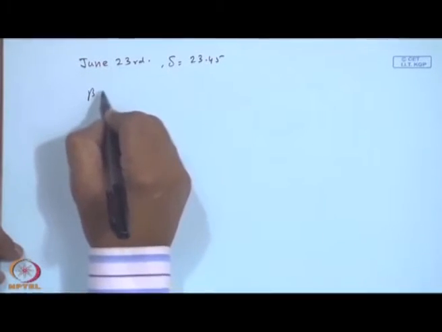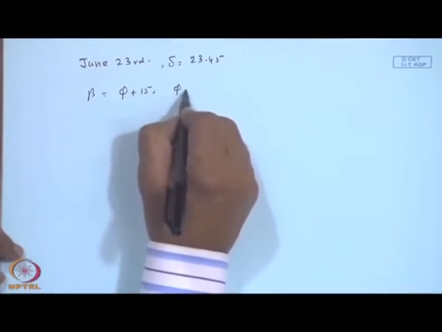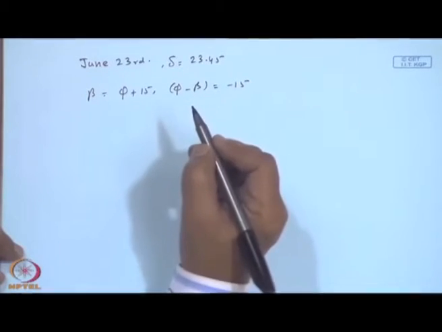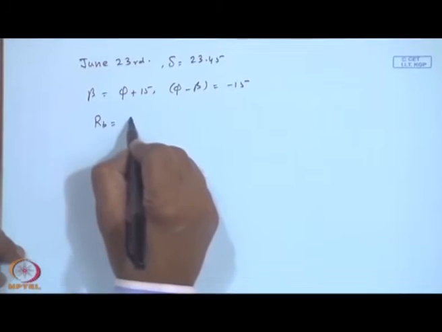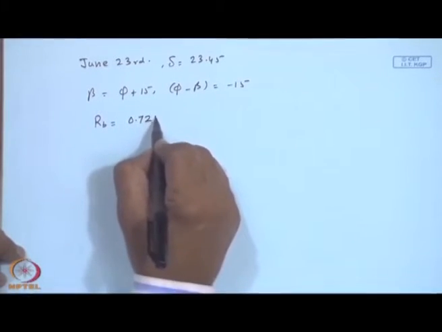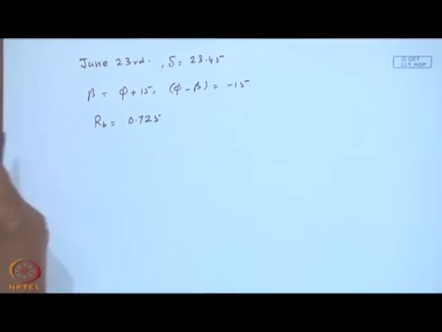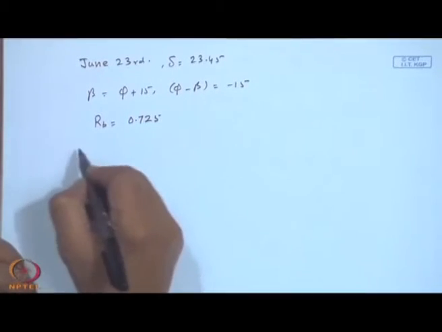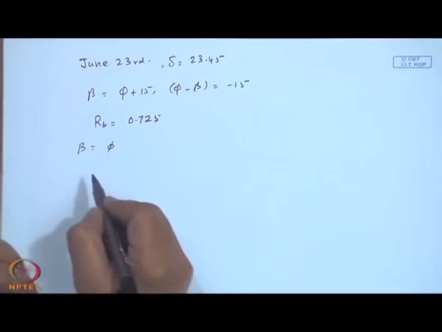First case being beta phi plus 15 or phi minus beta equal to minus 15, and RB you will have a low value less than 1.725. We have gone through these numbers, and I am just repeating for some reason, which you will come to know towards the end of this problem.